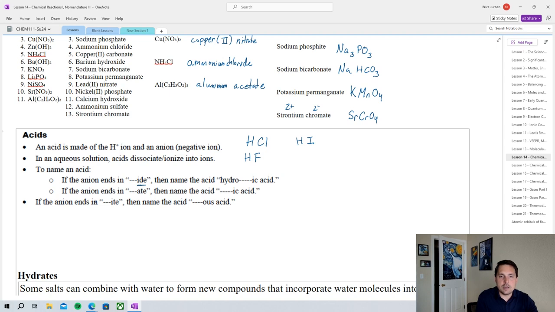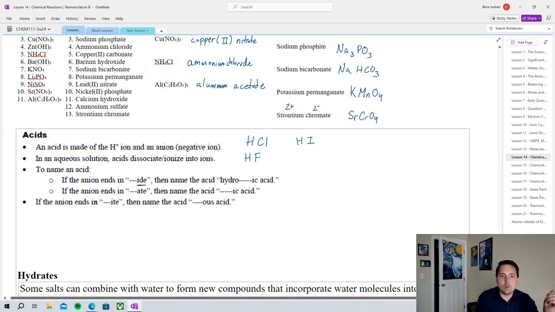This would be fluorine turned to fluoride. Iodine becomes iodide. We just name the acid with the standard form of hydro-blank-ic acid, where the blank is the anion's root.